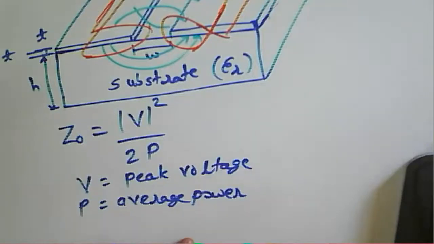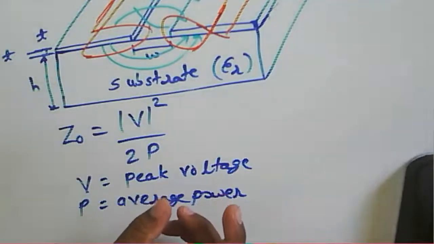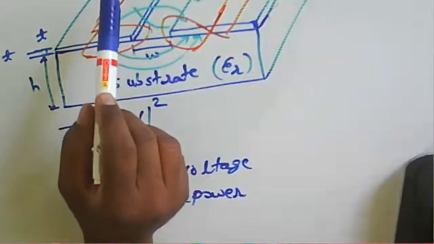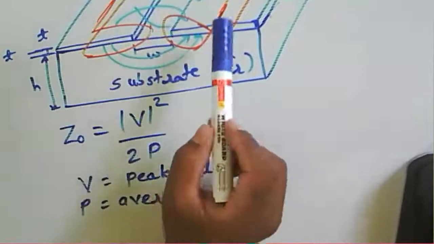So we can find the characteristic impedance of a slot line based on the voltage and power. But in this case, the peak voltage that appears across the slot depends upon the width of the slot.